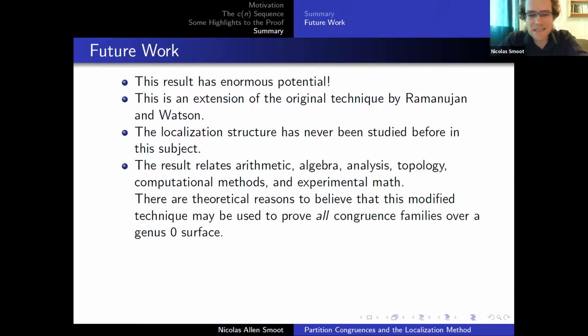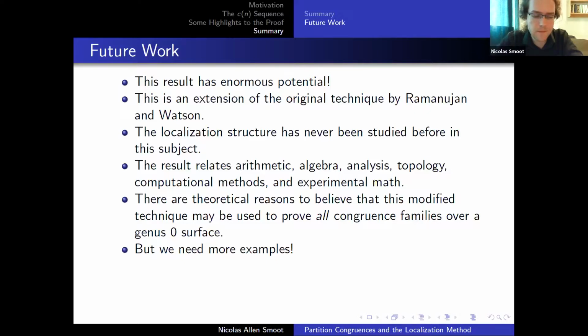And again, I suspect this method can be modified for all families of congruences, but for a lot of cases like gamma 0 of 5, you can show this basically reduces to the technique that Ramanujan and Watson do. You won't really get these localized sets, or if you do, they'll just simplify into the regular polynomial ring. But there are cases where it may not. In particular, when you're looking at partition analogues of mock theta functions, I think that's when a lot of interesting results come up. I need more examples, though.